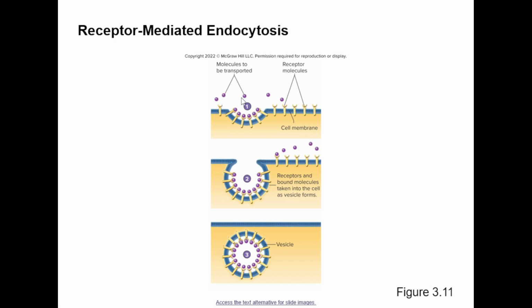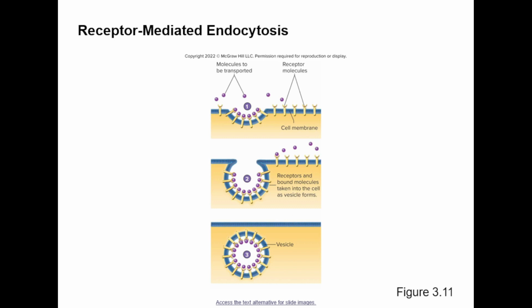These substances will again attach to your receptor molecule. The cell membrane will burrow in, or lulubog siya, until humiwalay siya from the cell membrane. And then it will now be called a vesicle. If the substance is solid, it's called phagocytosis. If the substance is liquid, it's called pinocytosis.